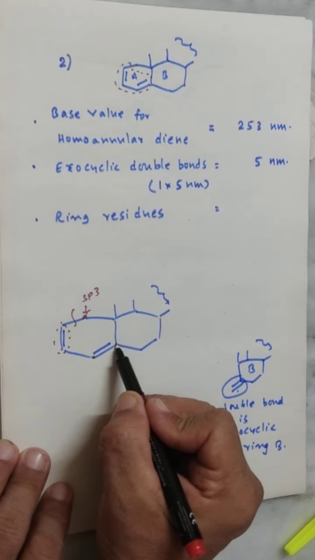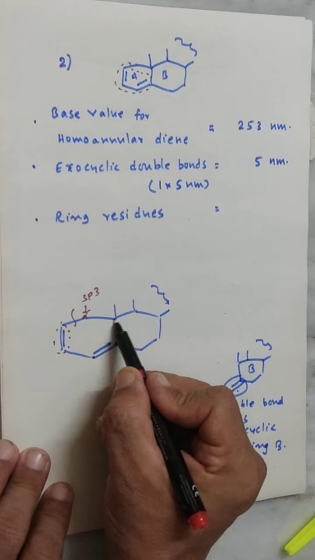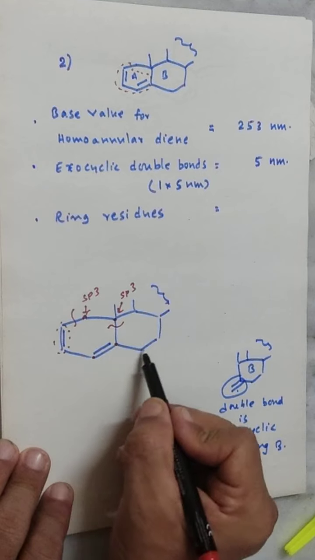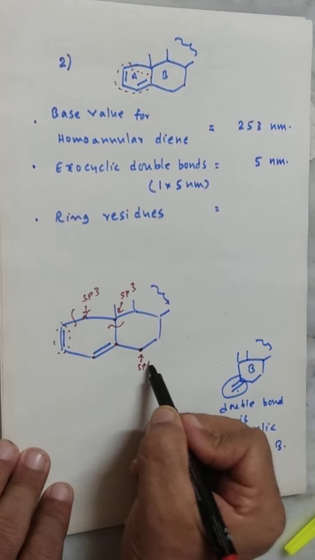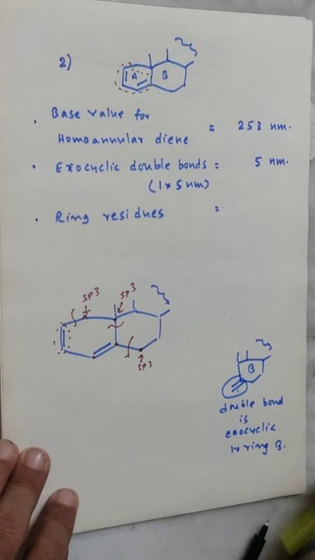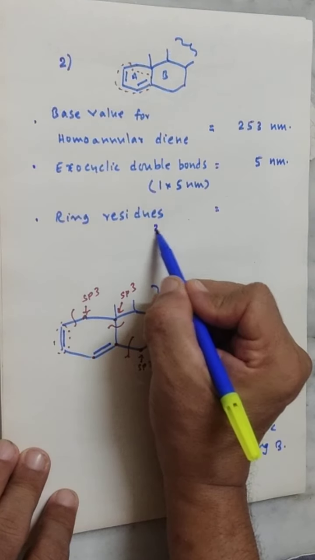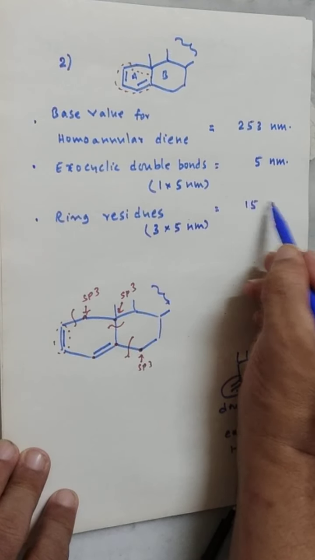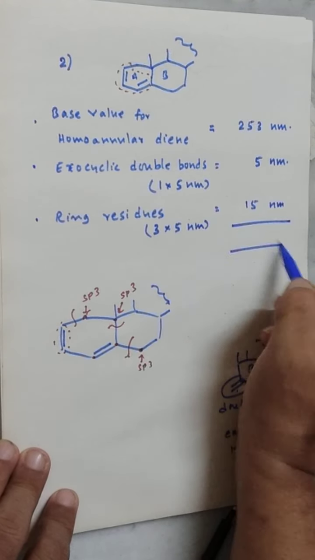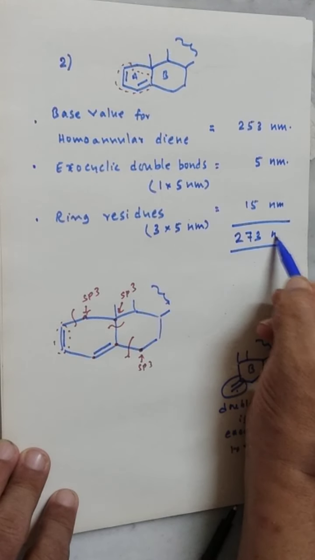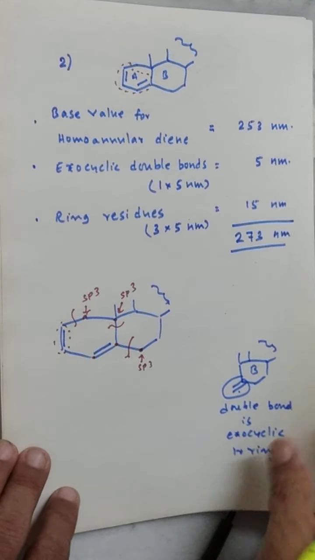And then coming to this, this is sp3, so this is one ring residue. This is another sp3 carbon, so this is another ring residue. So there are 3 ring residues. For each ring residue, as I already told you, the value is 5 nanometers. So 3 into 5 nanometers is equal to 15 nanometers. So add these: 253 plus 5 plus 15, this is 273 nanometers. Over. Second example is over.